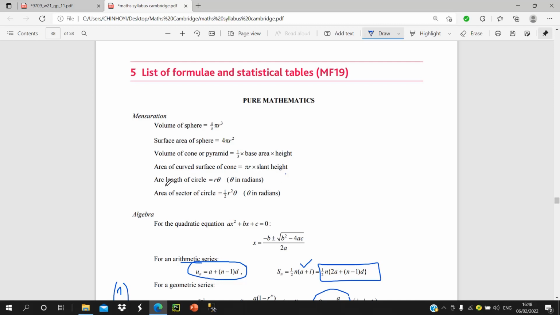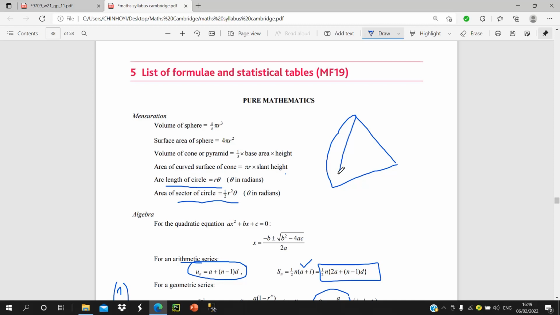So we have the arc length of a circle, which is given by r theta, where theta is in radians. You also have the area of a sector of a circle, which is half r squared theta. You also need to know the area of a segment.